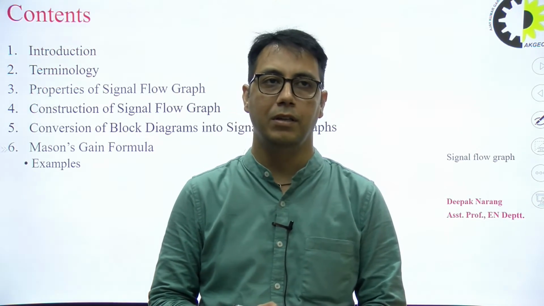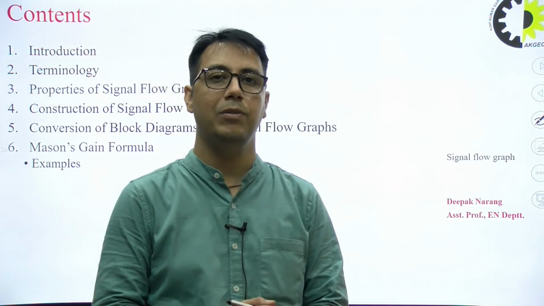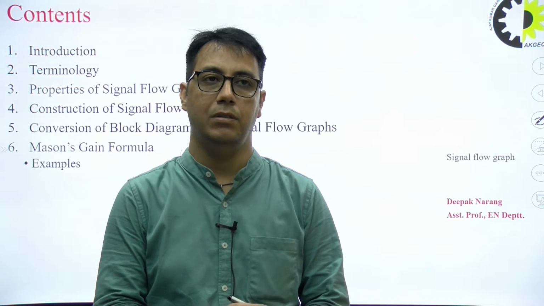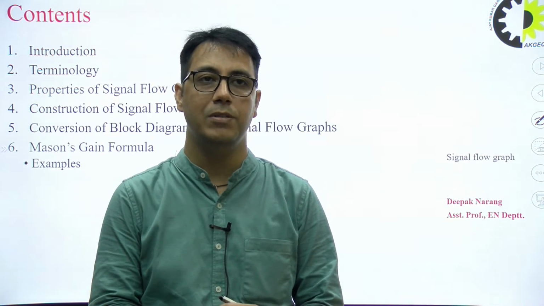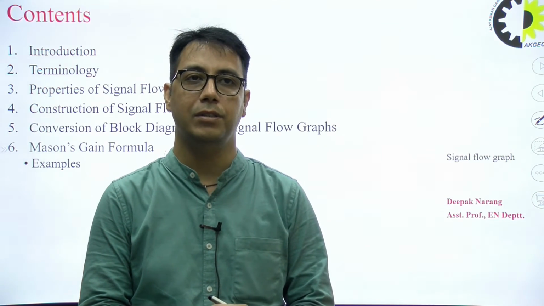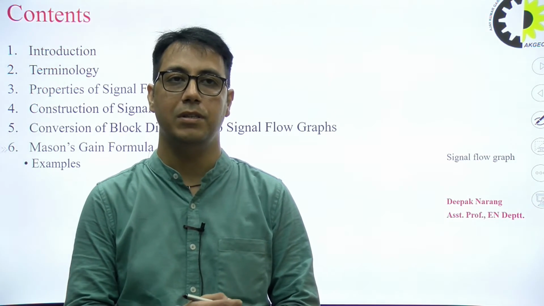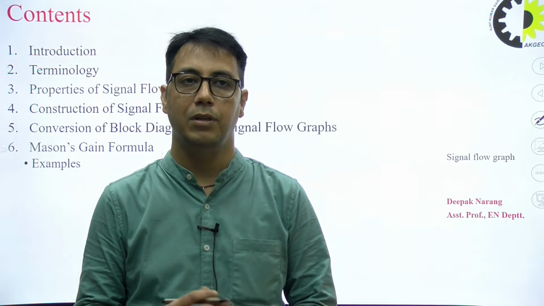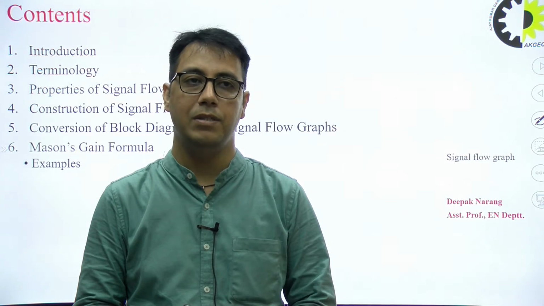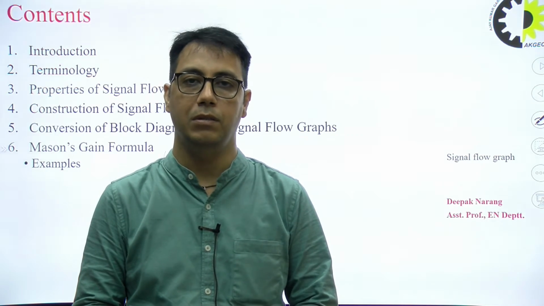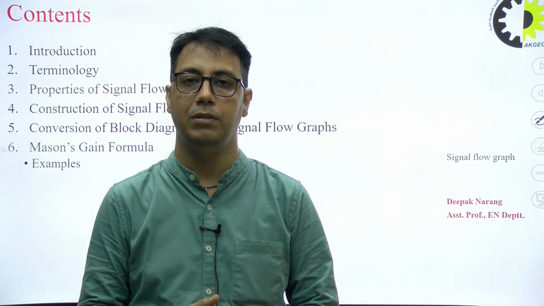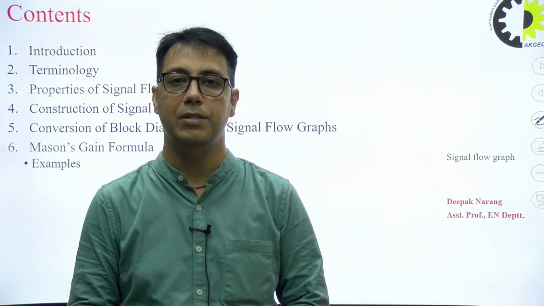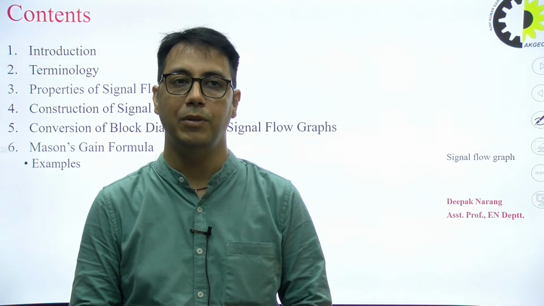So starting with the contents, first of all, we are going to discuss about its introduction, followed by its terminology, which are associated with SFG, properties of signal flow graph, and construction, how we generally construct a signal flow graph, and how can we convert any given block diagram or given equations to signal flow graph, and lastly, what is that basic Mason-Gain formula through which we can find the overall transfer function of system after converting any system into its signal flow graph form.